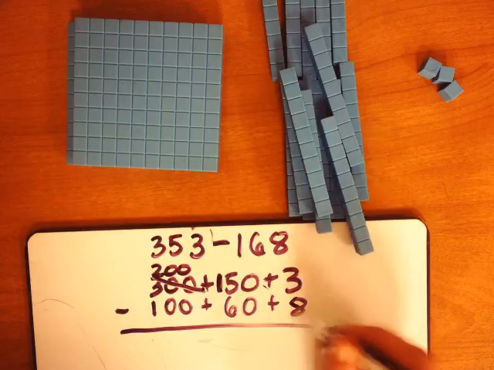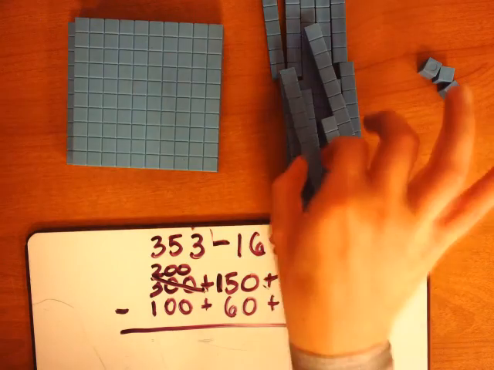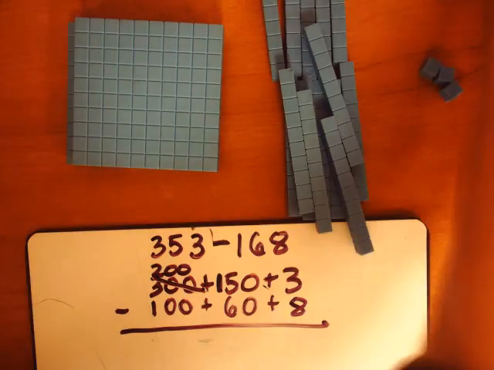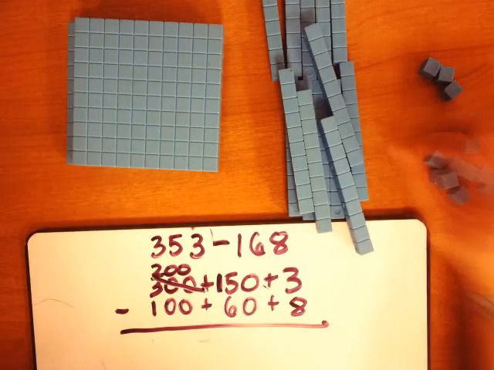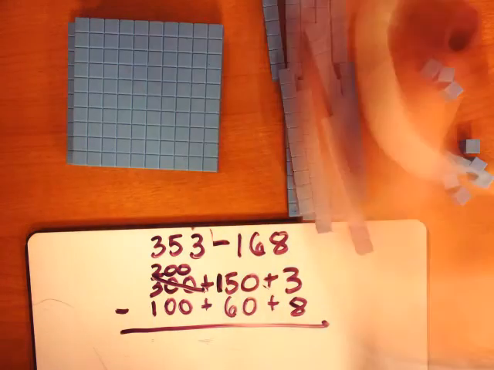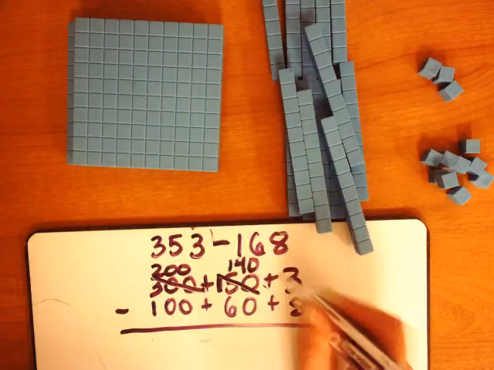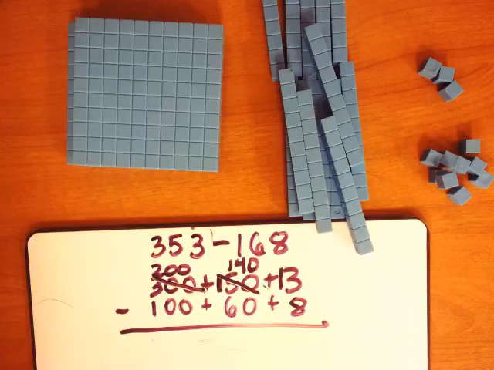Uh-oh, more on the floor, need to go next door and trade for some more. So I will take away one of my 10s here and trade it out for 10 ones because the value does not change. So now I've got 140 in my tens column and a total of 13 now with my ones.